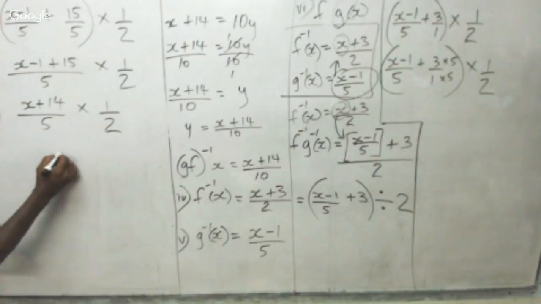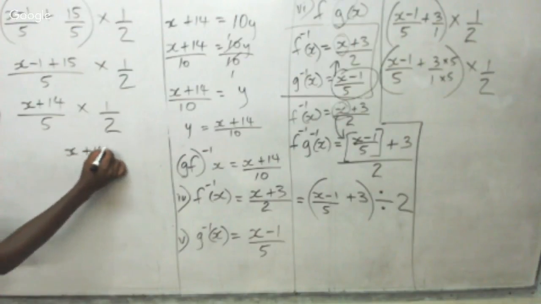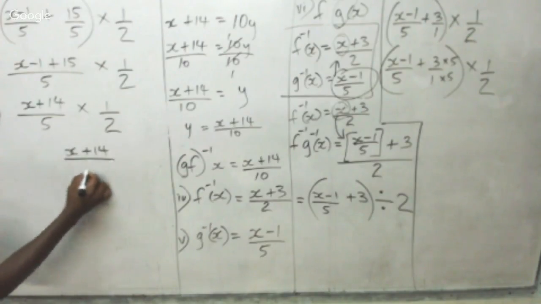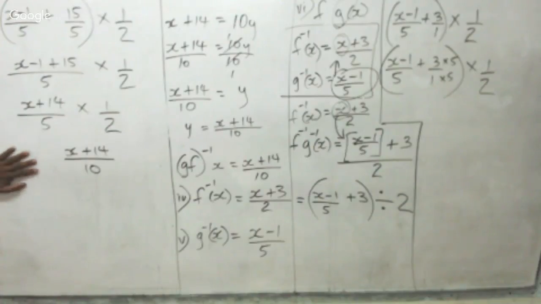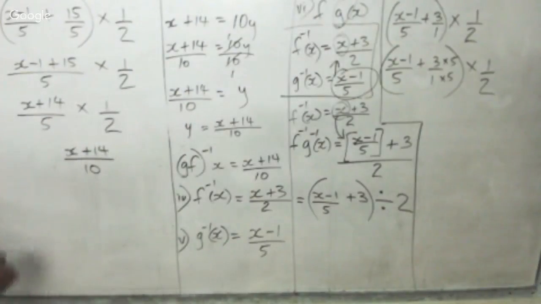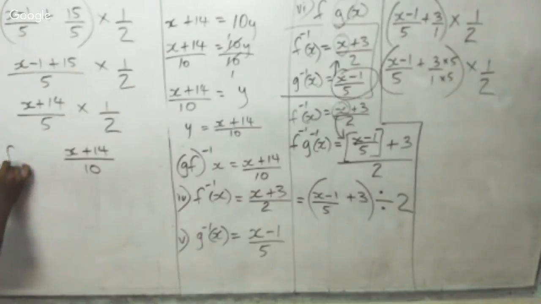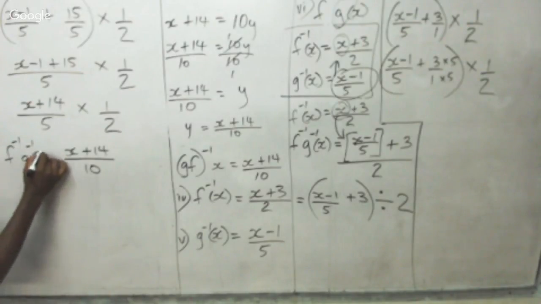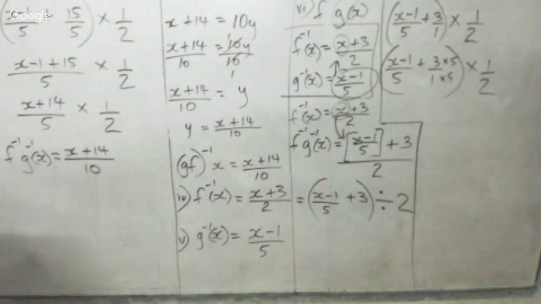So we end up with x plus 14 over 10, since 5 times 2 is 10. What did we just find? We found f inverse of g inverse. Now I want you to look at that and tell me what it looks like.